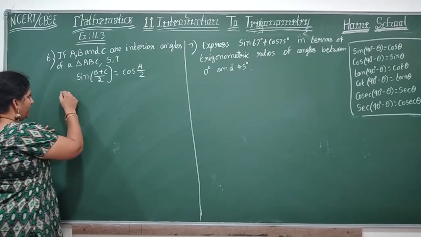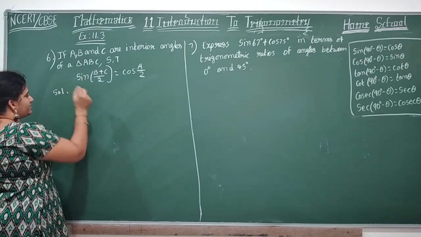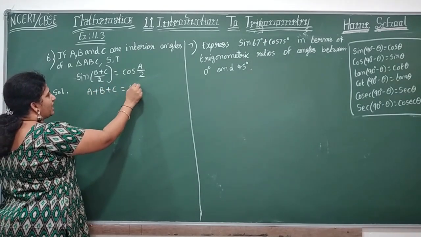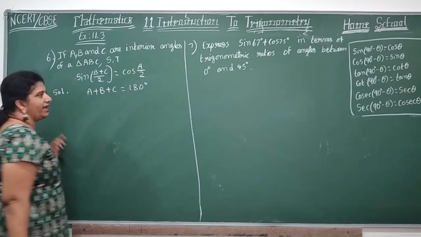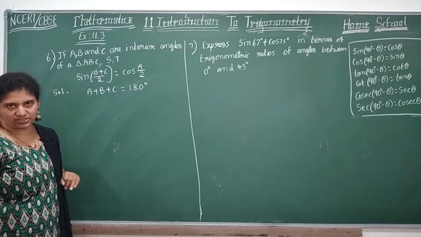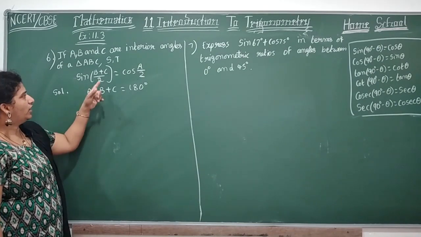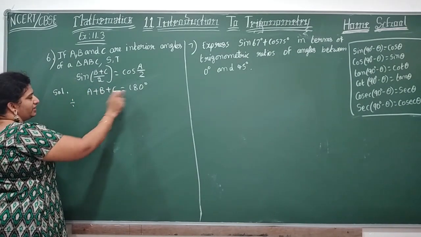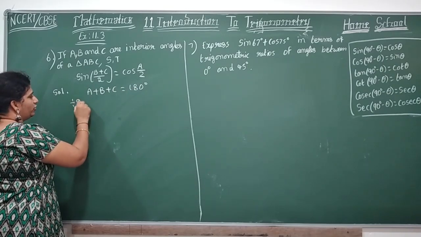You already have an idea. Let me consider my solution like this. We know that the sum of the angles of a triangle is equal to 180 degrees. So from this, I try to prove this. Divide the equation by 2.